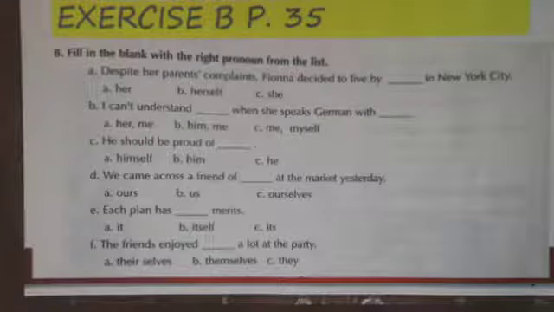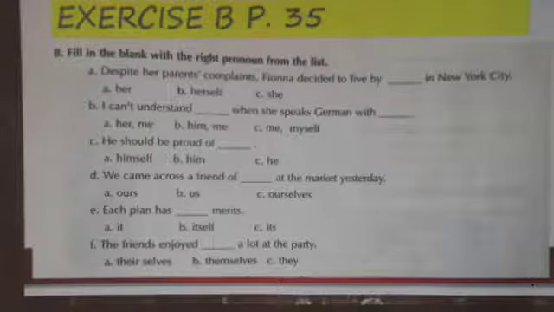Now for B, I can't understand. Maybe something is difficult and you can't grasp, you can't get the meaning. So we can't understand someone, as when she speaks German with them. Maybe when someone speaks German, you don't come to understand him or her.